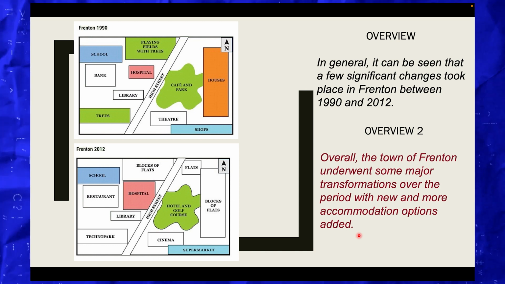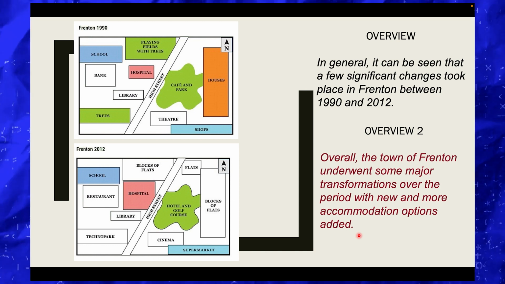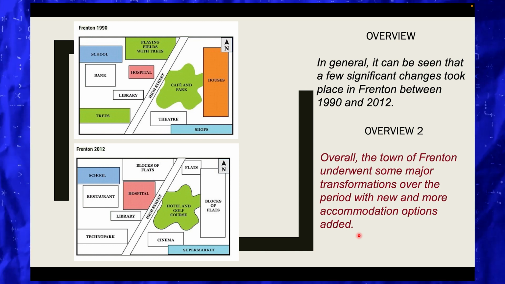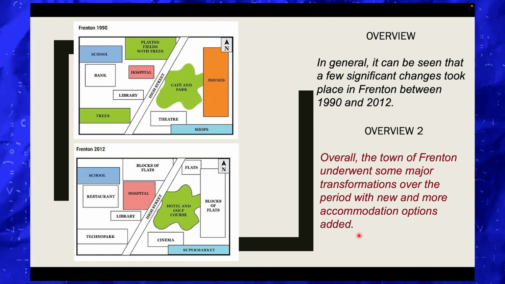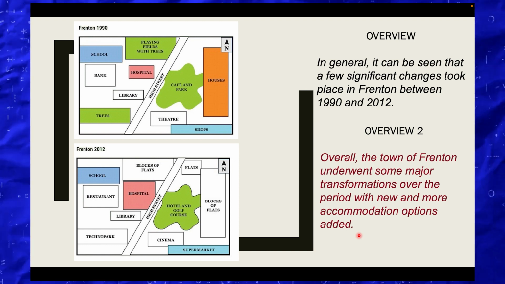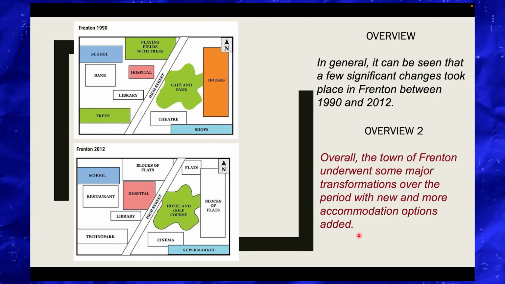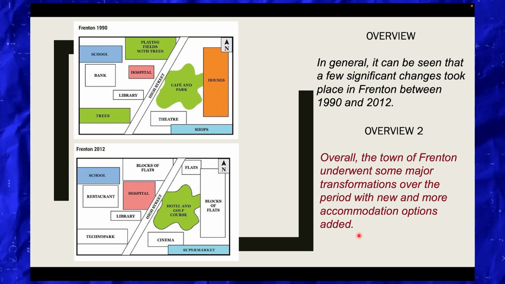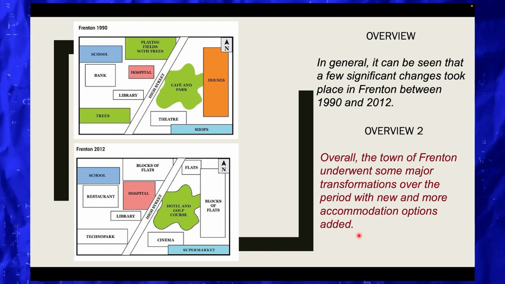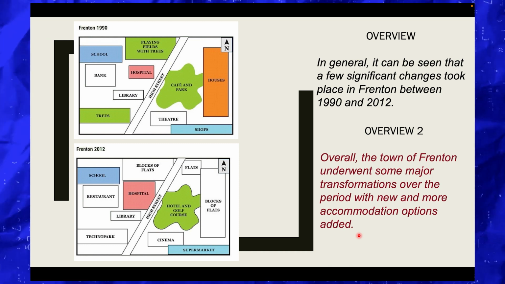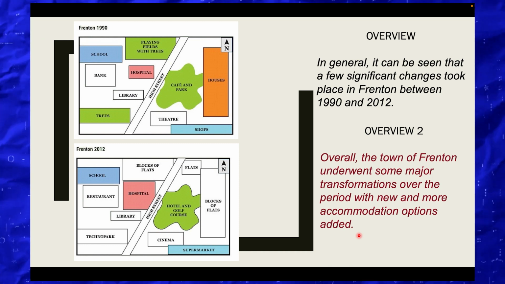Personally, I like the second overview more because it not only tells us that some significant changes have taken place, but it also mentions what those changes are. So it's always a good idea to say what the changes are if you're describing a map.